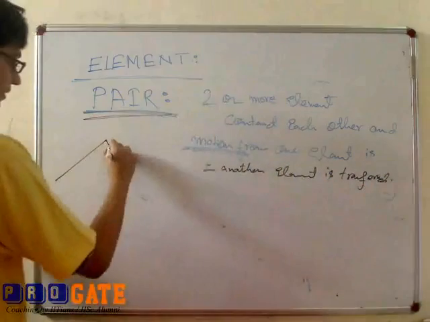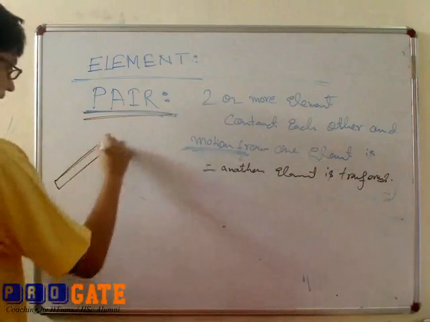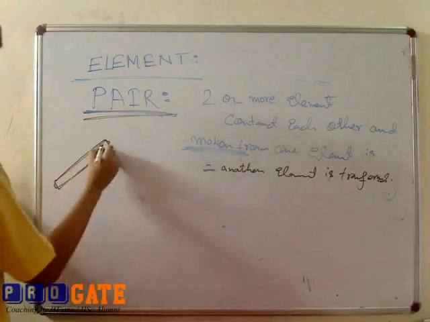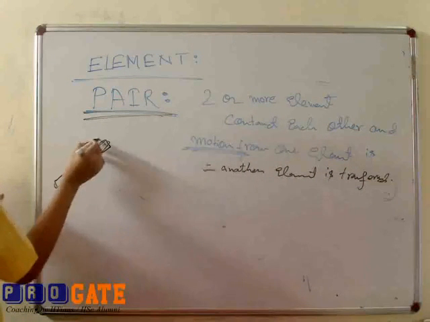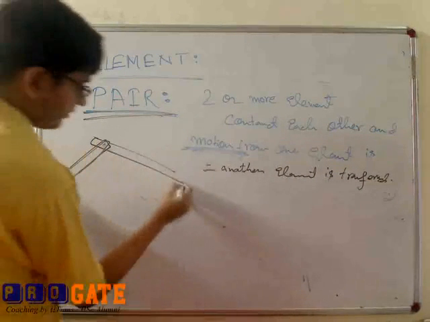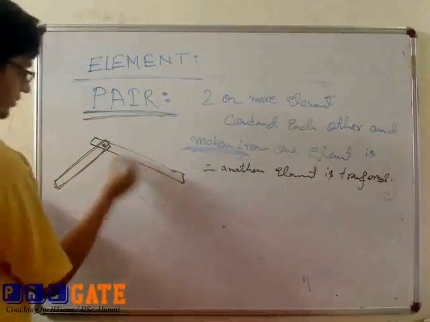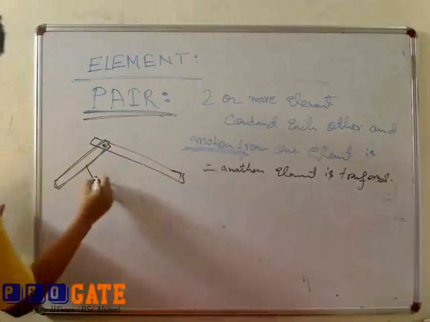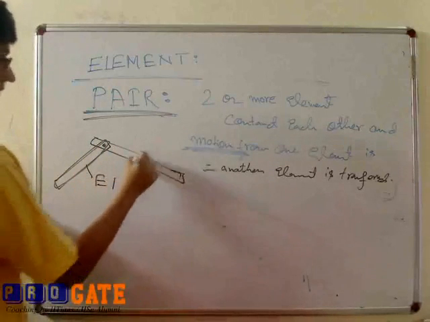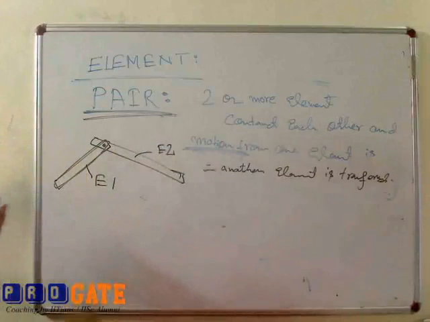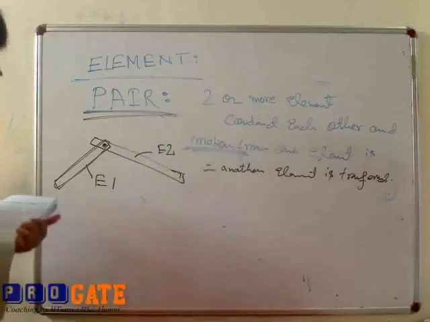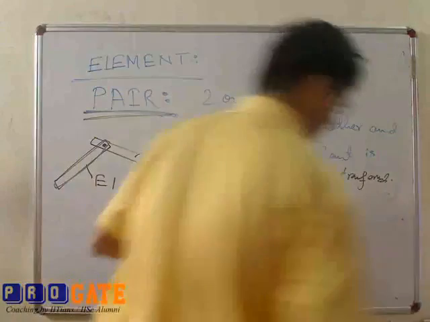So this is a simple element, and in this element we made a hole and joined another element. This is your element 1, this is your element 2. This joint is known as a pair.